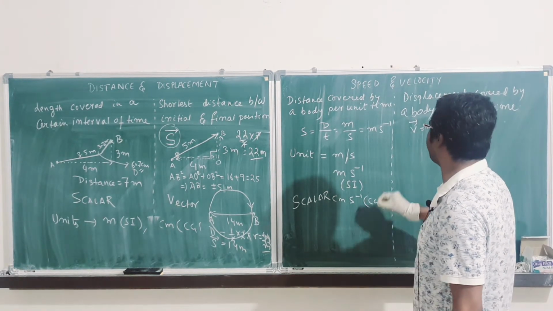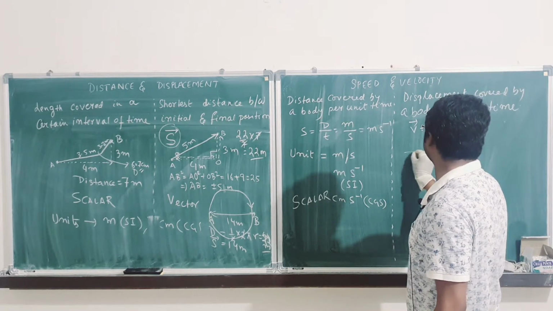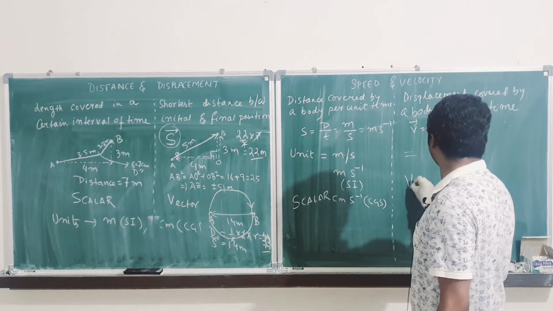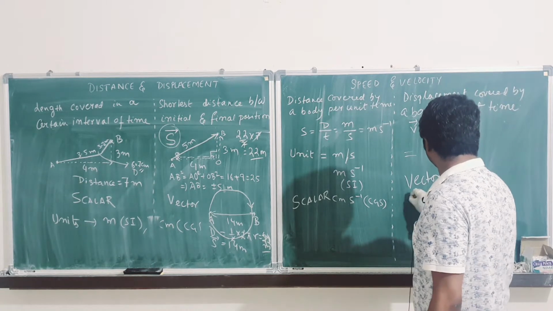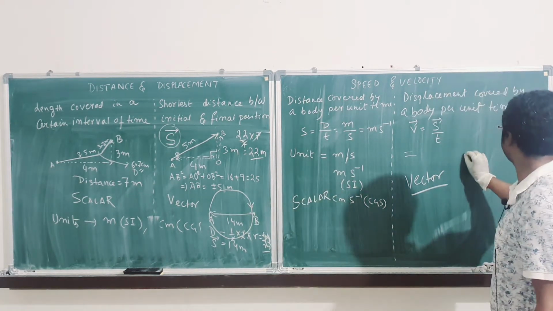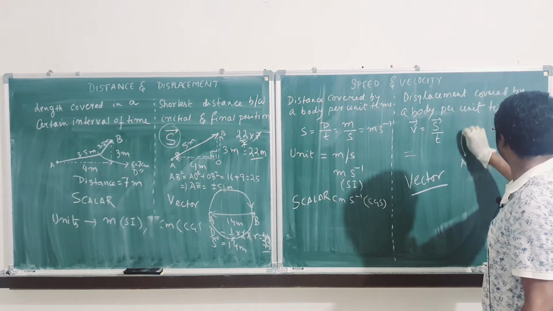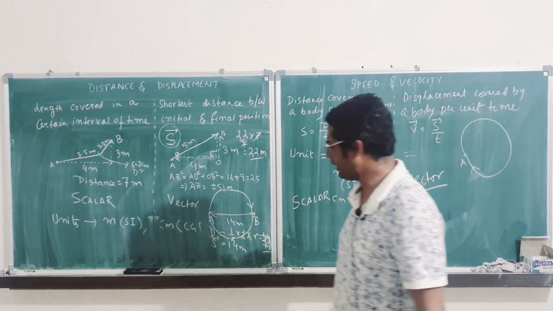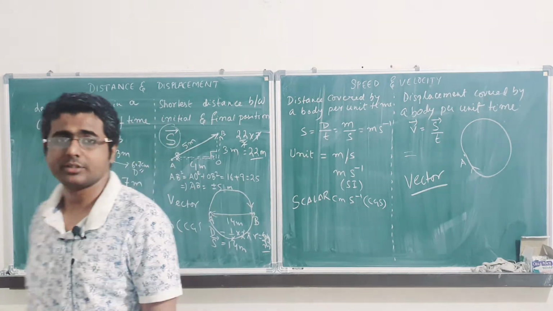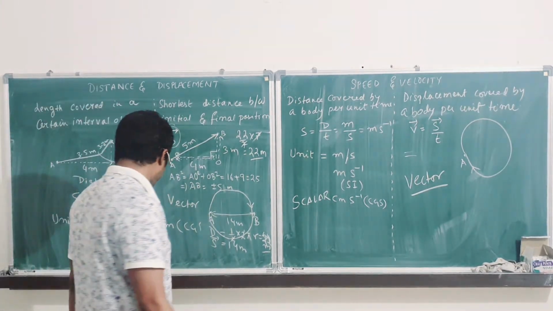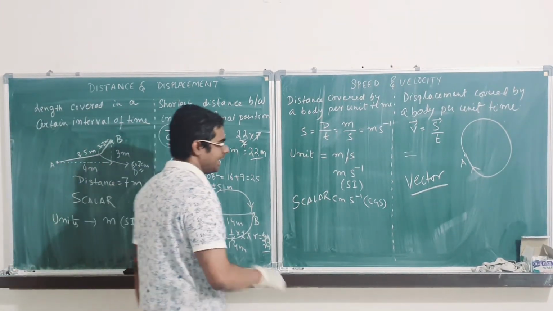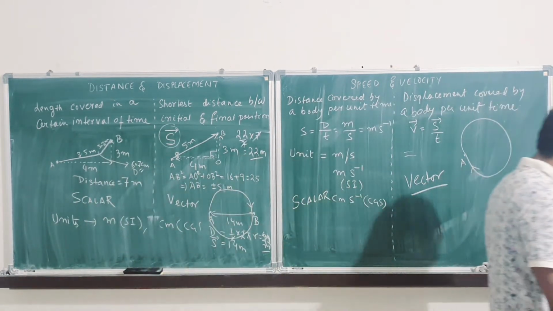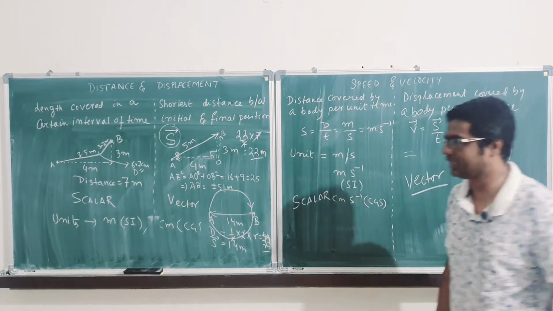It is also a vector quantity. Units are same, it is vector. So what if here is a point, you again come back here, what will be the velocity? The velocity will be 0 because displacement is 0. Clear, right? Velocity will be 0 because displacement is 0.